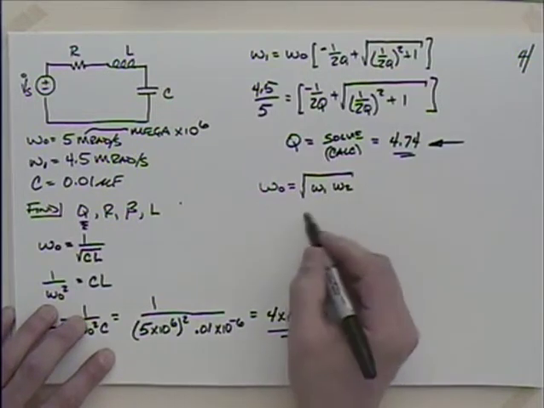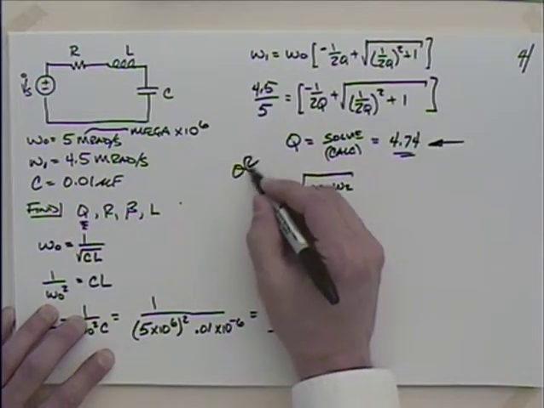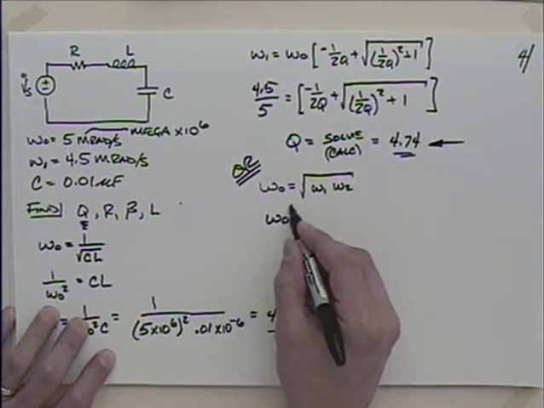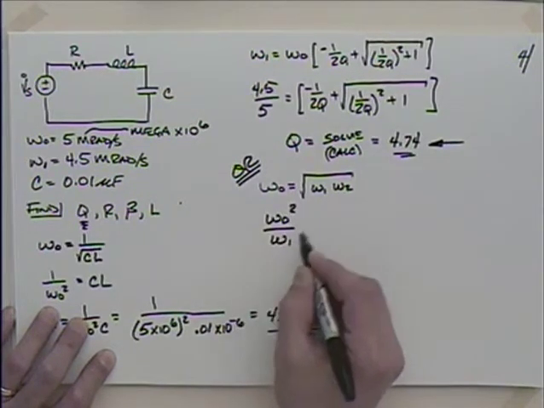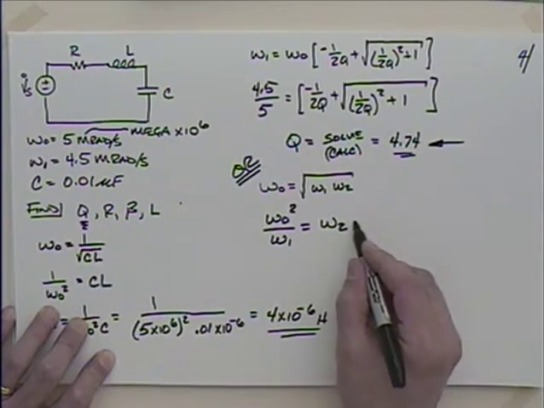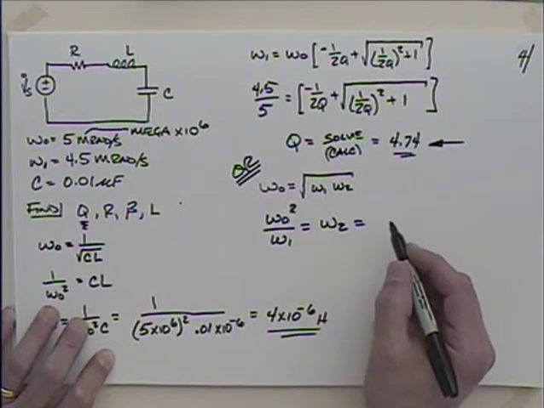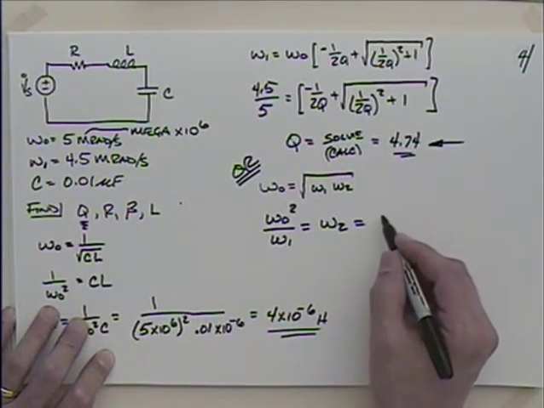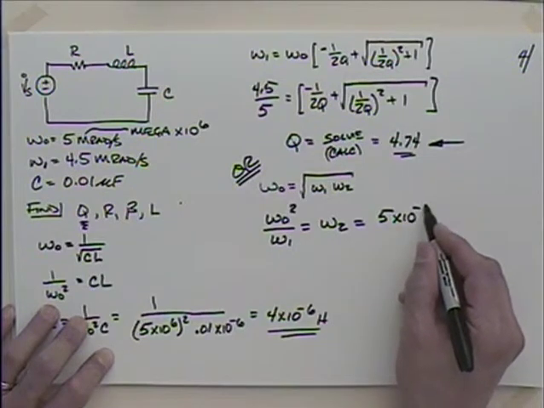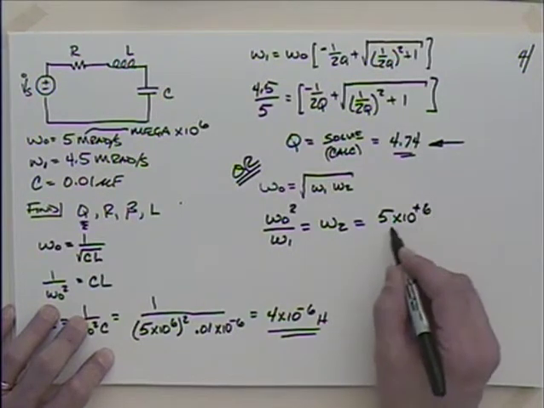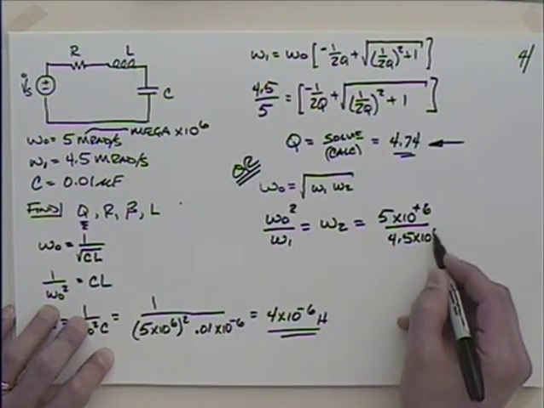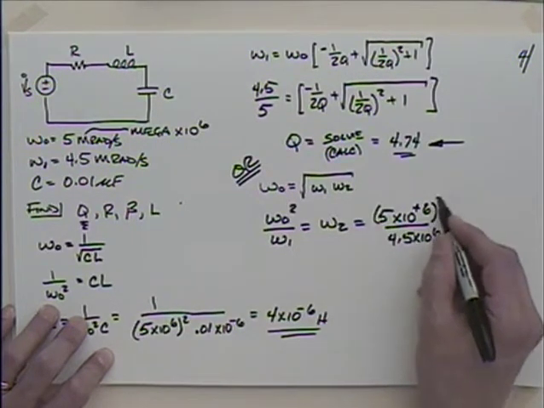So we could say then with this, maybe I should put an or here, we could say that omega naught squared divided by omega 1 is equal to omega 2. So omega 2 turns out to be equal to, well, let's see, omega naught 5 times 10 to the plus 6 divided by omega 1, which is 4.5 times 10 to the 6, and the numerator needs to be squared.